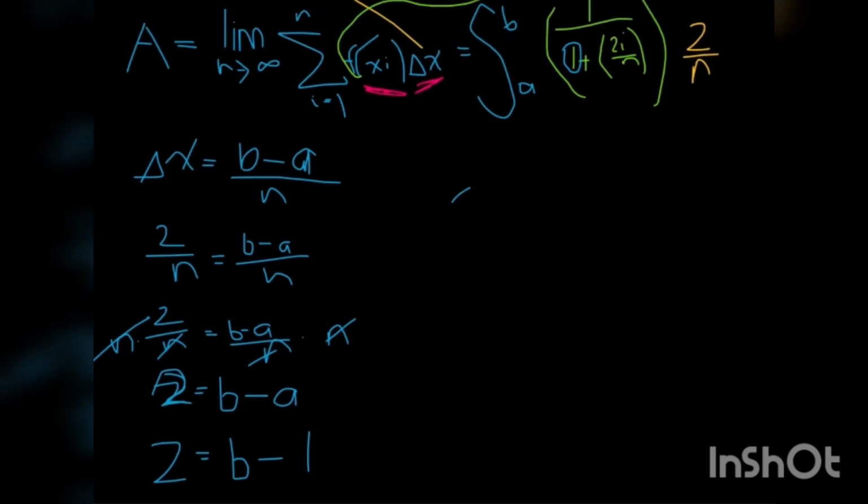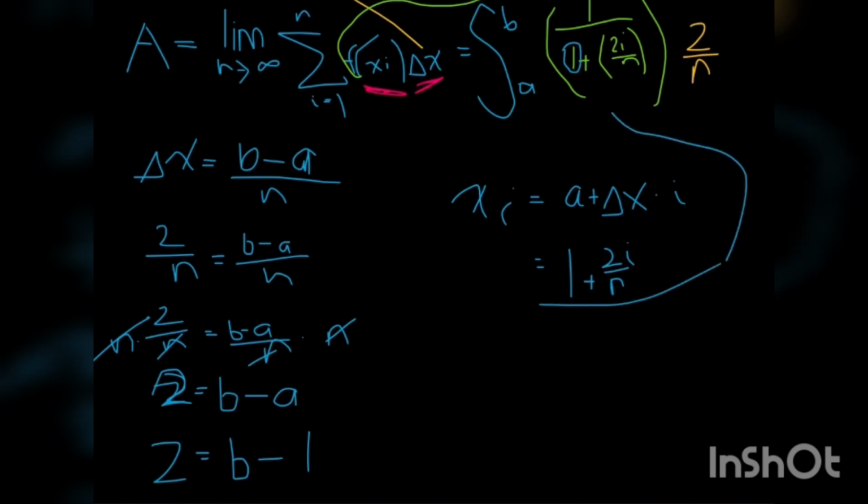This video is getting a bit long now, and then I'm going to find our a. If you recall, x i equals a plus delta x times i. Our a is given to us above, it's our 1, so it's 1 plus 2 over n, and when we multiply by i, we get exactly what we have.